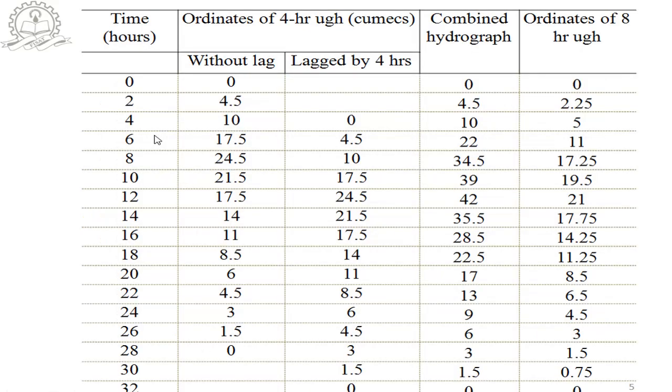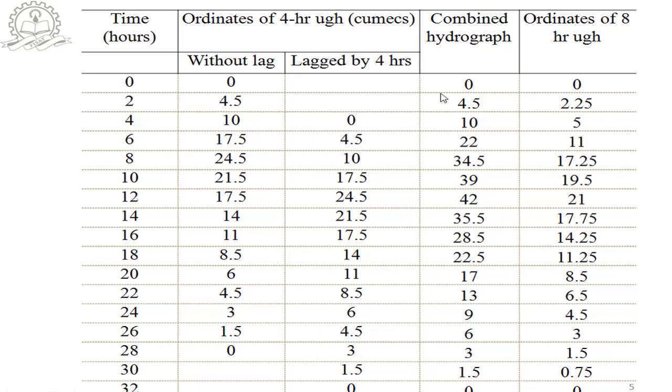We will discuss an example. This represents time and this represents the unit hydrograph ordinates. I want to convert this 4-hour duration hydrograph into 8-hour. First, consider a lag of 4 hours and write down the same ordinates.